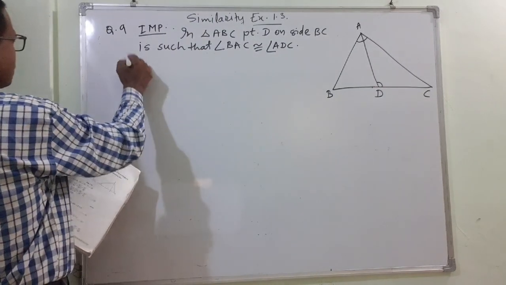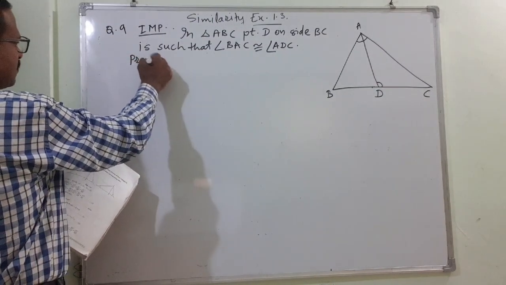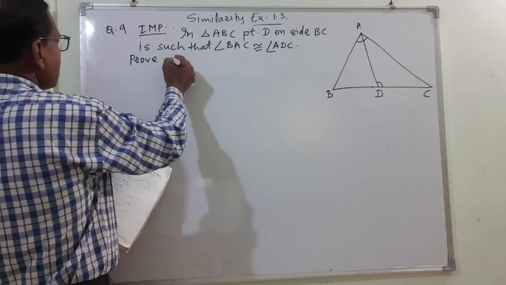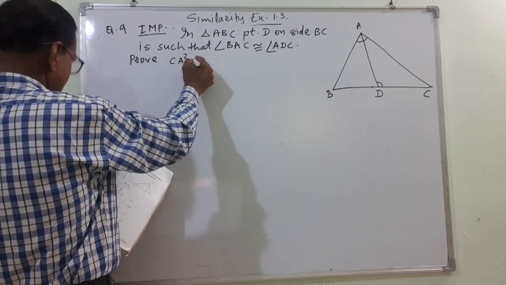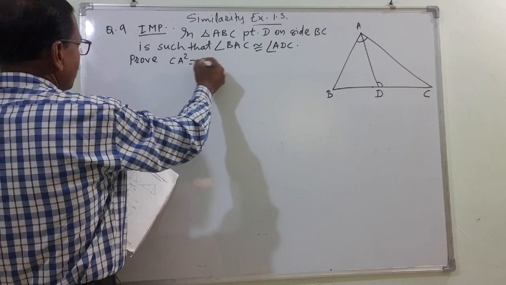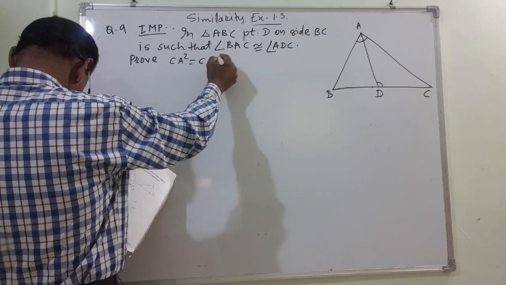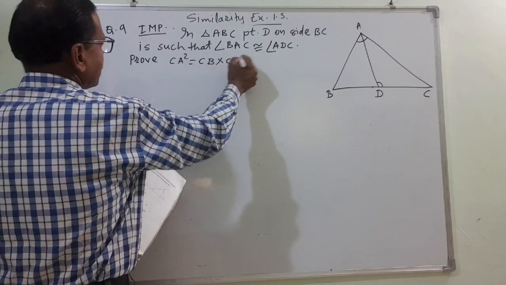Prove that CA square is equal to CB into CD. This I have to prove.